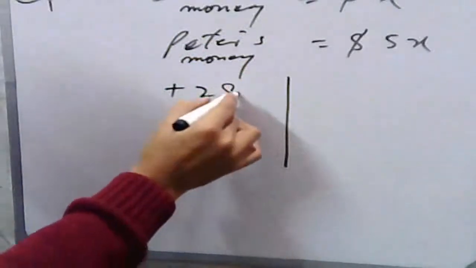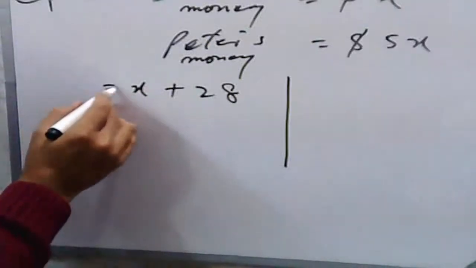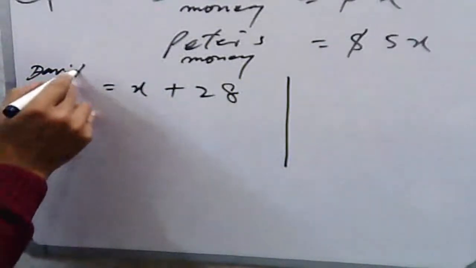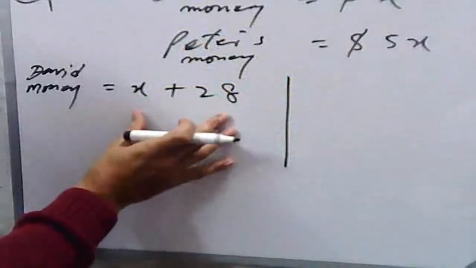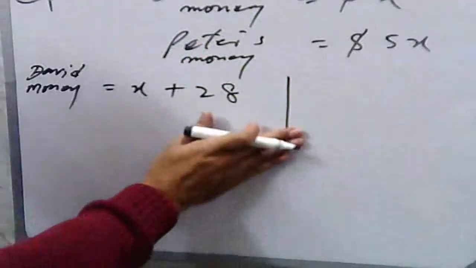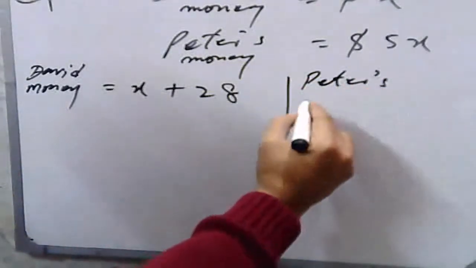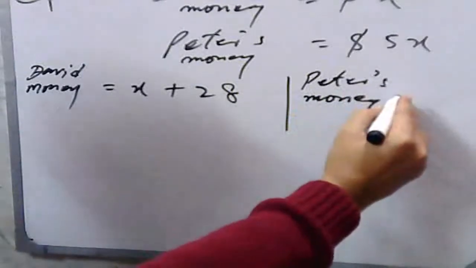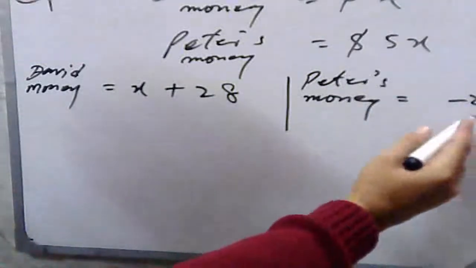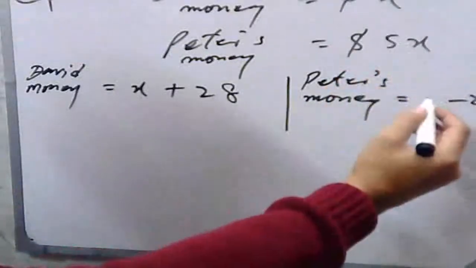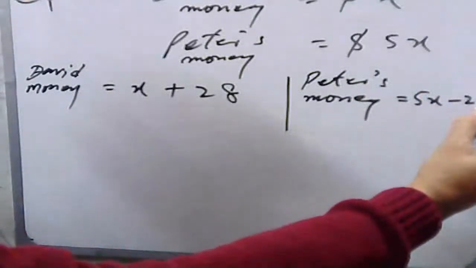So you can write David's money like this: because Peter gave $28 to David, David has x plus 28, whereas Peter's money is, because 28 is given to David, minus 28, so Peter is 5x minus 28.